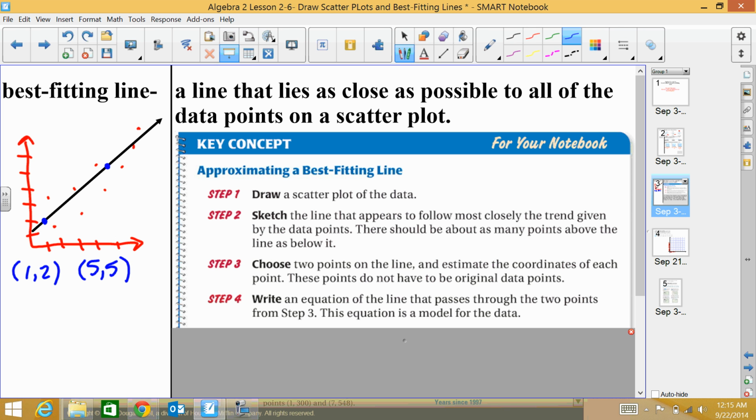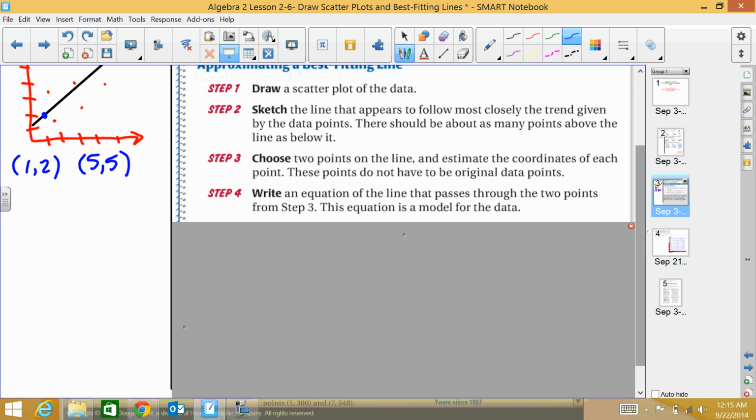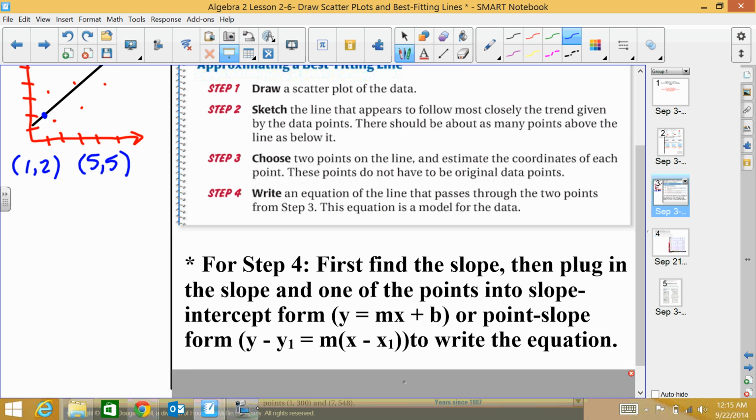So from there, you're going to use these points to write an equation of the line that passes through these 2 points. Now remember from what we've learned before, if I have 2 points, what information can I get from that? Well, there's only one thing I can find from 2 points. That is the slope. So the very first thing you have to do after you get the 2 points on your line is find the slope.